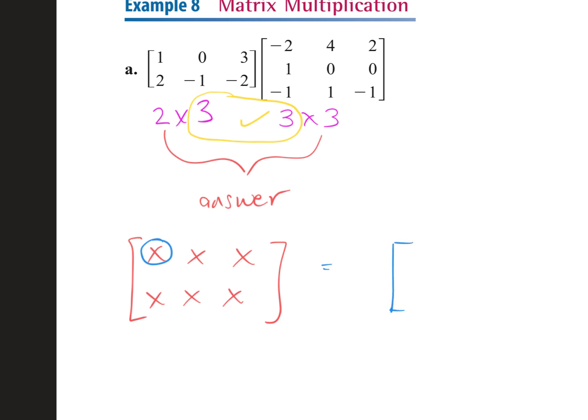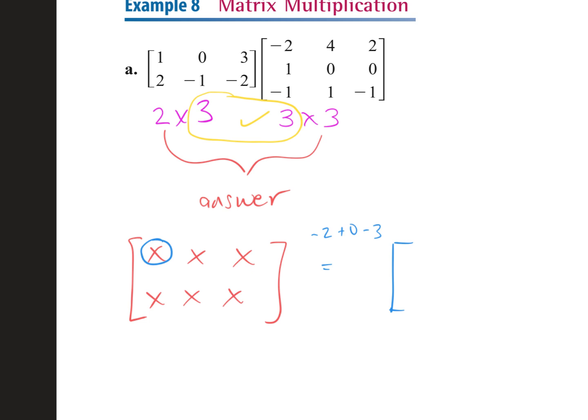What I have circled in blue is what row, what column. I'm going to try to do it without highlighting. What row, what column? First row, first column, right? So 1 times -2 is -2. 0 times 1 is 0. And 3 times -1 is -3, correct?